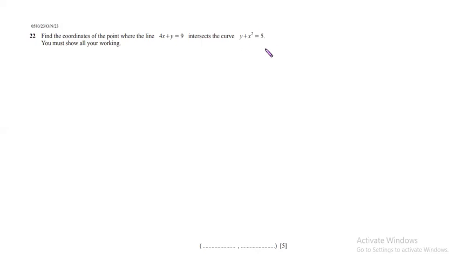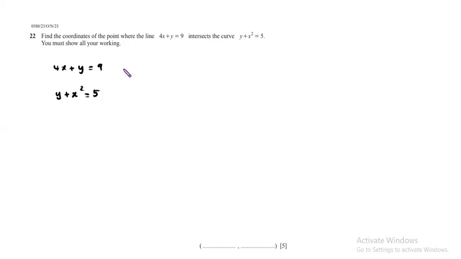Now, they would give it to us in a sentence like this, but indirectly, we are asked to solve the simultaneous equations here. So the two equations are 4x plus y is equal to 9, and we have y plus x squared is equal to 5. We need to solve this.